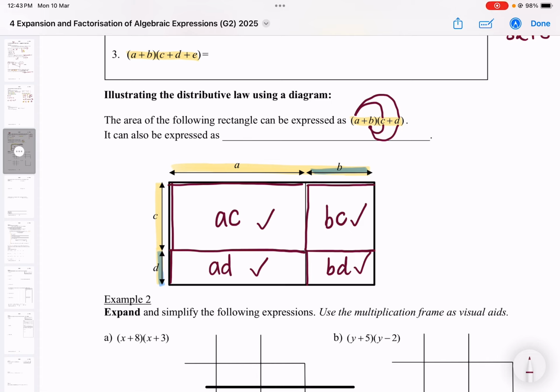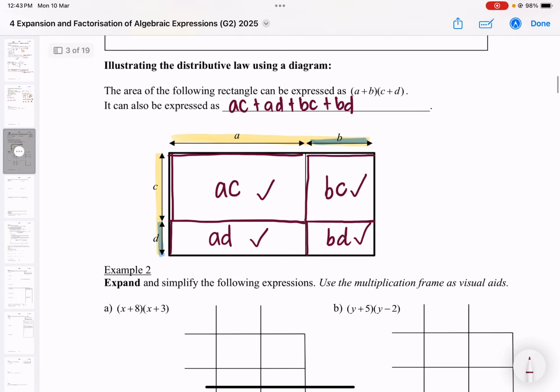And we also distribute the b to the 2 terms in the bracket. So eventually, when we expand this out, expansion means, remember, we don't want to see any more brackets. So when we expand this out, we will get ac plus ad plus bc plus bd. So this is how the distributive law works for brackets where there are two or more terms.